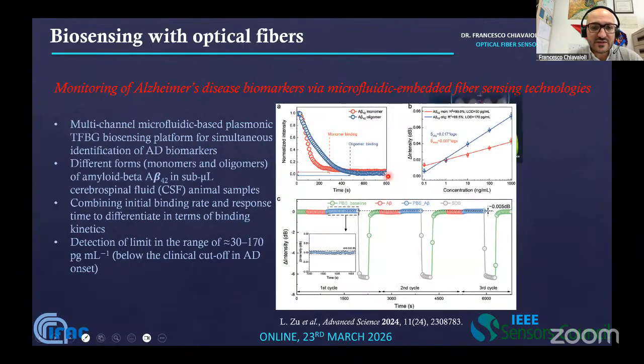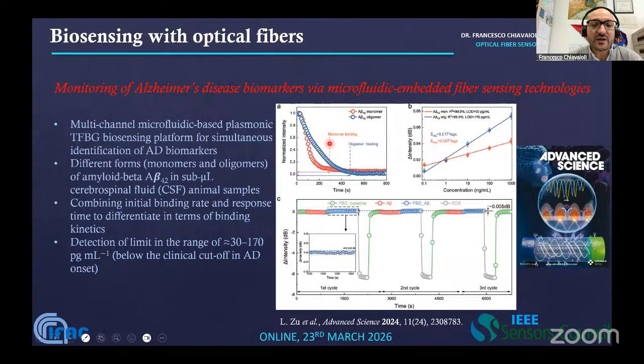Here you can see the difference between the binding of the oligomer and the monomer, and the response in terms of sensitivity is also completely different. This allows us to distinguish between them, and this is the multiple regeneration of the device.